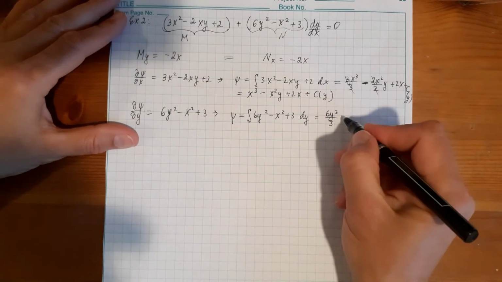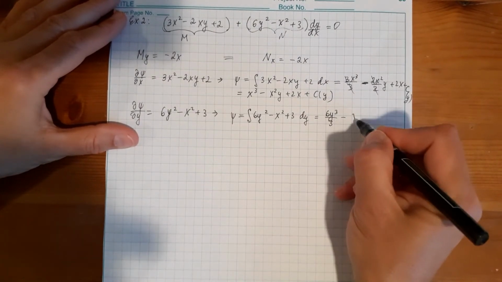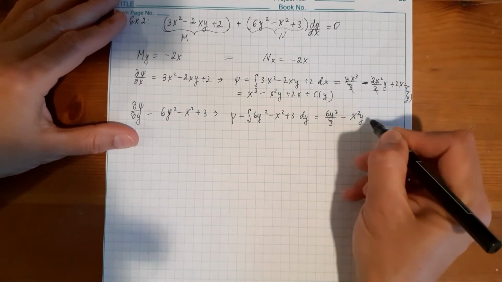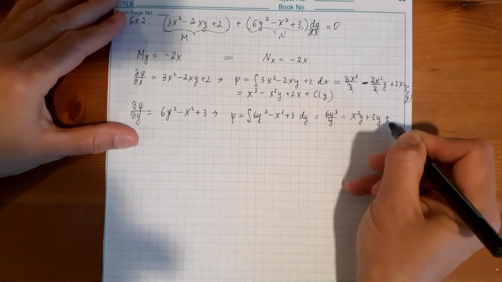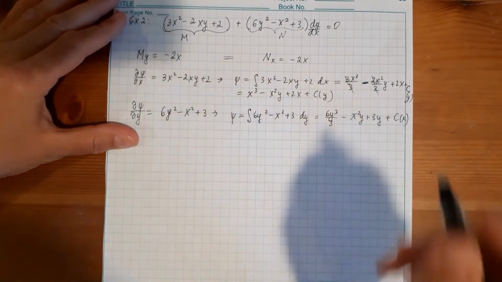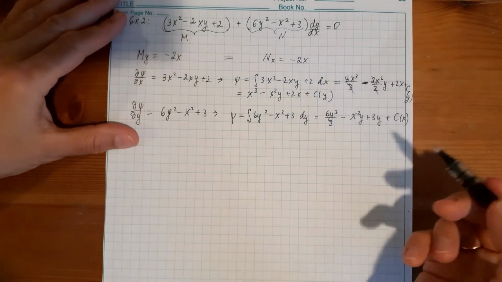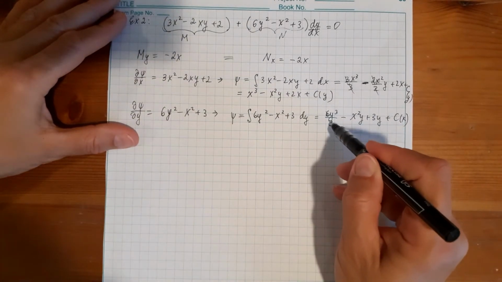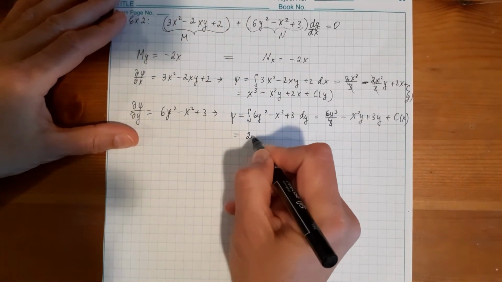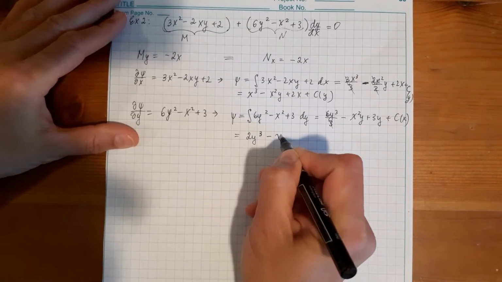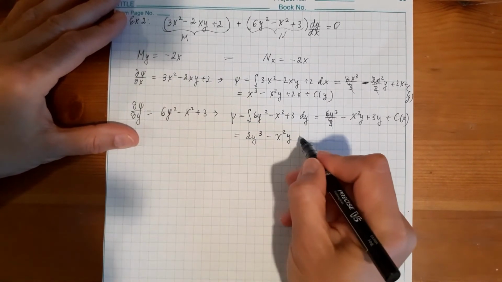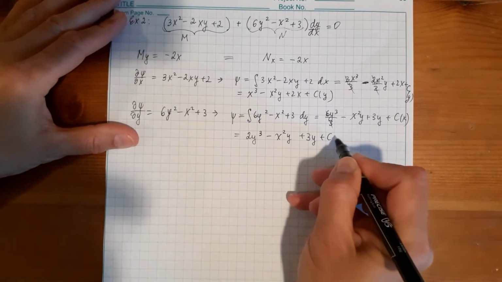The square is going to give me a cube. This is a constant, so I'm just going to multiply it by y. This is a constant, I'm just going to multiply it by y and add a constant which depends only on x, right? Well, going to simplify it a little bit. 6 and 3 is going to give me 2, right? 2y cubed minus x squared y plus 3y plus a constant, c of x.